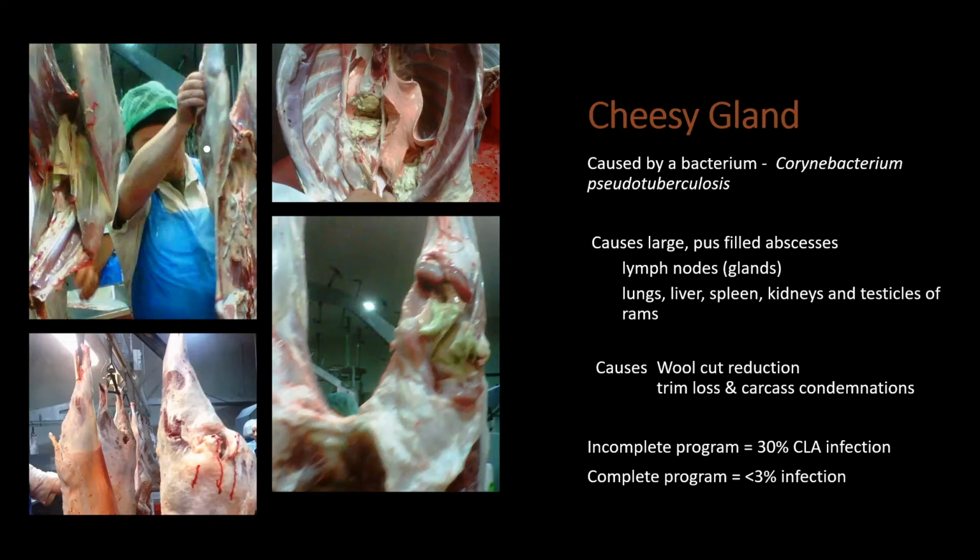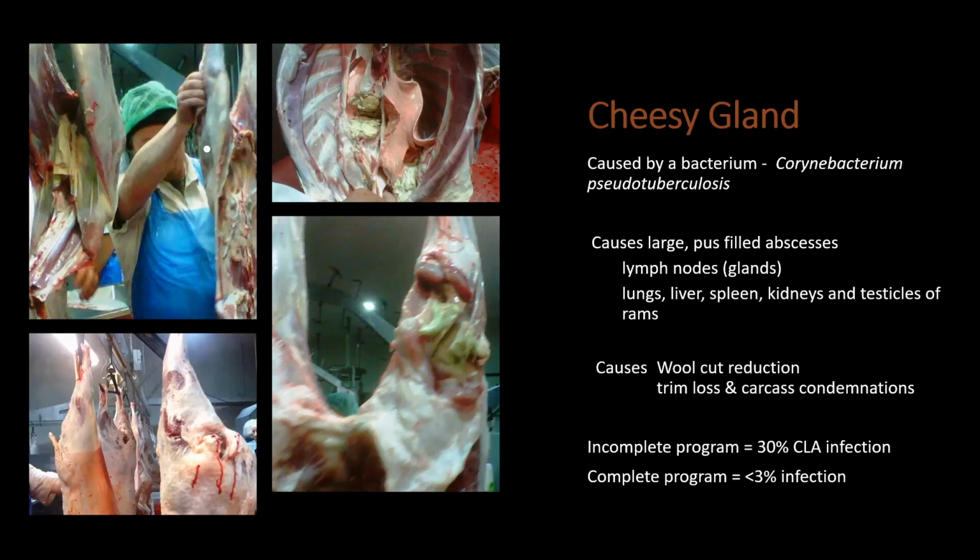If a lesion is higher up in the carcass and bursts, it can mean the best part of the carcass is condemned. In line with cheesy gland, we get some on-farm production losses, the bulk of these being related to a reduction in wool cut for the year in which the animal gets the infection. So the wool growth is reduced to about 10 to 15% in the year the animal gets infection.